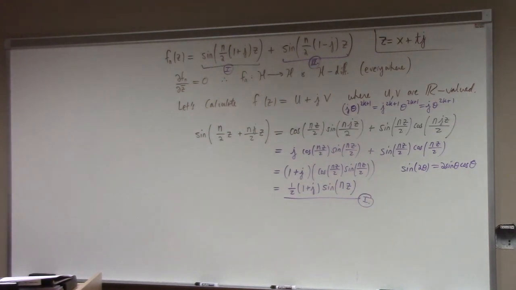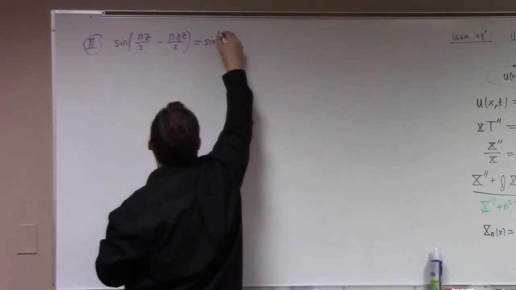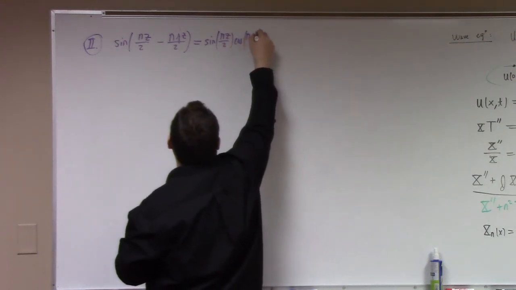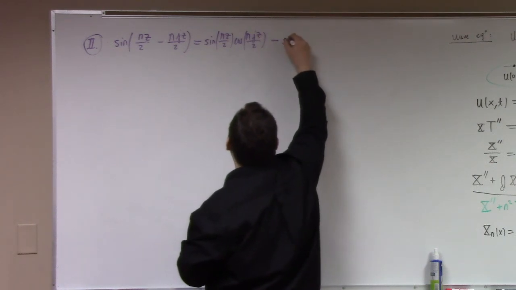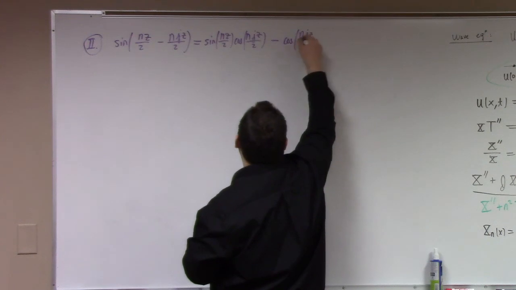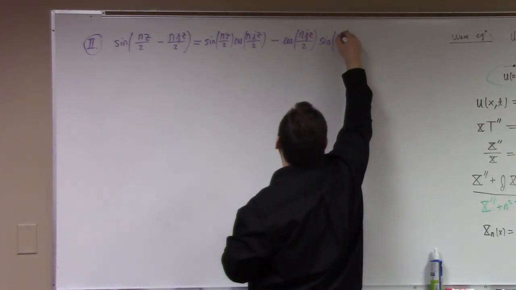So we've got nz over 2 minus njz over 2, right? Which gives us the sine of nz over 2, the cosine of njz over 2, minus the cosine of njz over 2, sine of nz over 2.